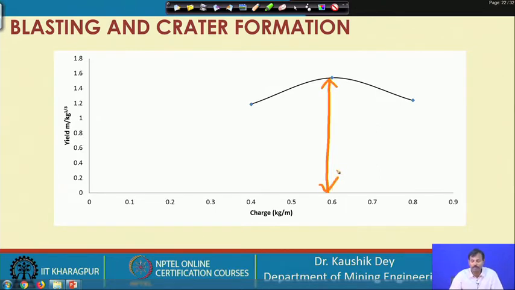So, that gives us the middle one, that is the 0.6 kg would yield a better crater than the 0.8 kg and 0.4 kg. So, probably the 0.6 kg is a better option for this type of explosive rock interaction.